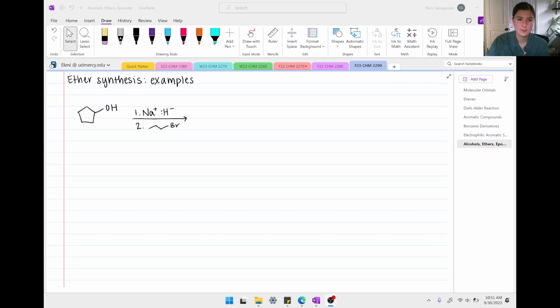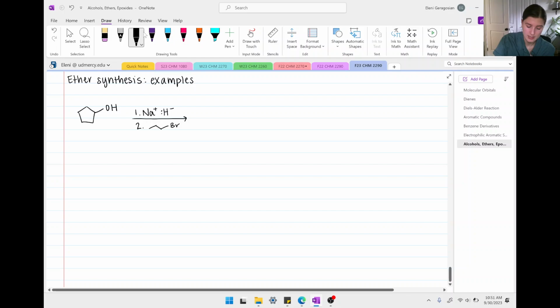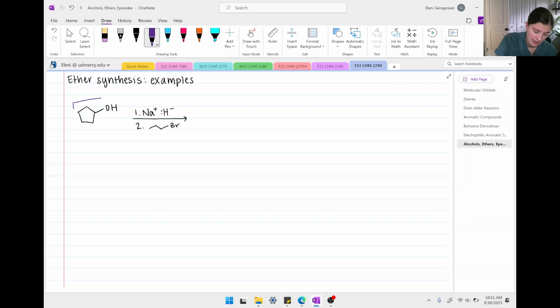If all we're doing is predicting the product, we know that for the alcohol, we keep the alkyl chain and the oxygen. So in the product, we'll have the cyclopentane chain and the oxygen. And then that oxygen is bonded to the carbons that are part of the alkyl halide.